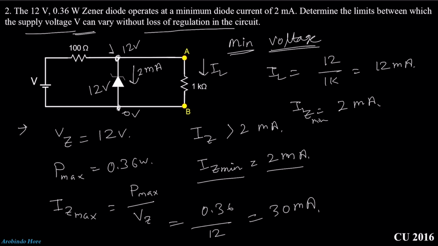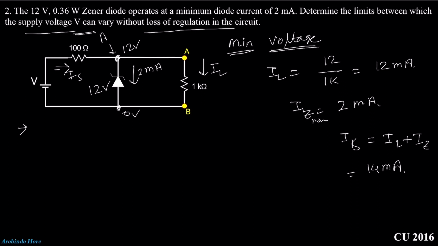If we apply KCL at point A, we can write the source current IS equal to IL plus IZ. That means IS is equal to 14 milliampere. So we need 14 milliampere from the source to turn on this Zener diode, right? This potential is 12 volt, and I assume that this potential is V minimum.